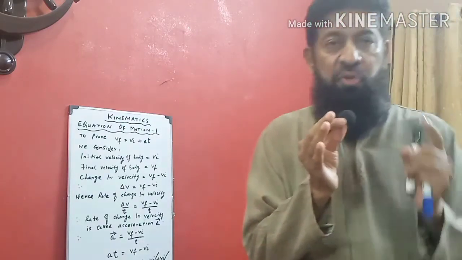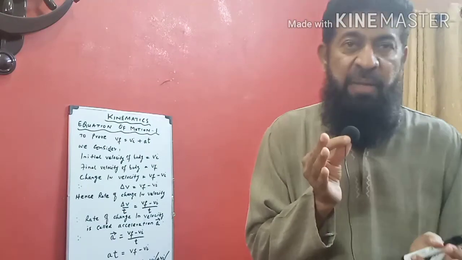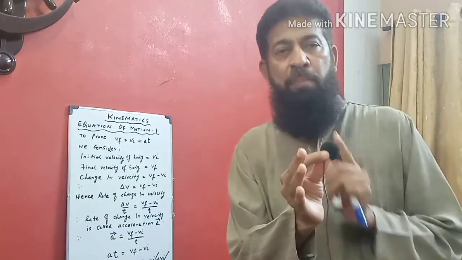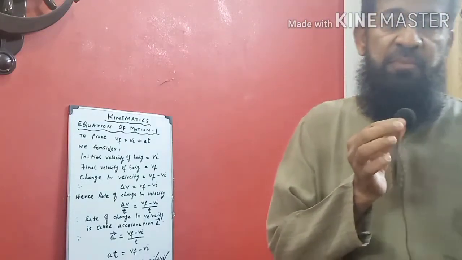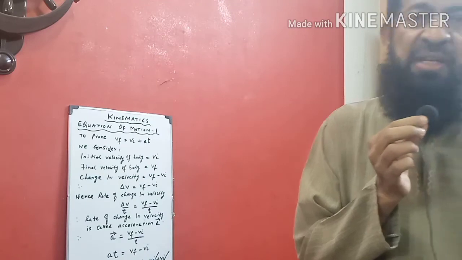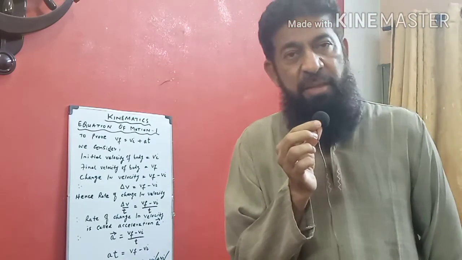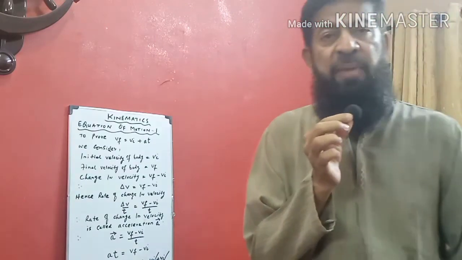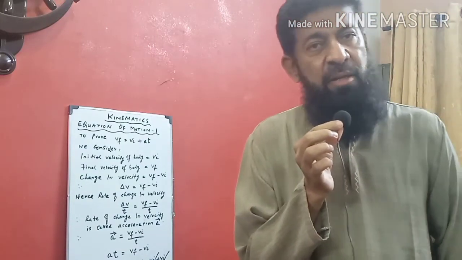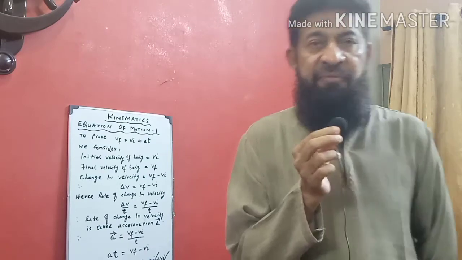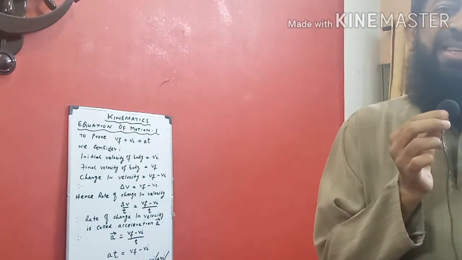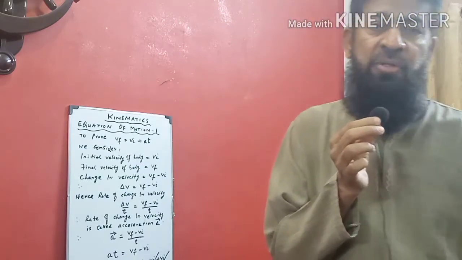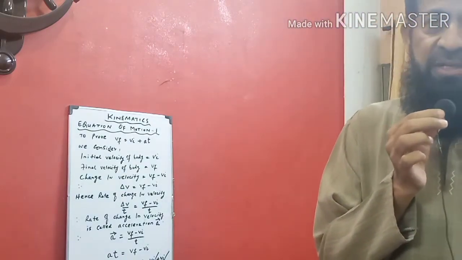That means if there are two destinations A and B, the displacement is from A towards B. Displacement is a vector quantity, but it has the same unit as distance. In the SI system, displacement is also measured in meters. After understanding distance and displacement, we will discuss speed and velocity.